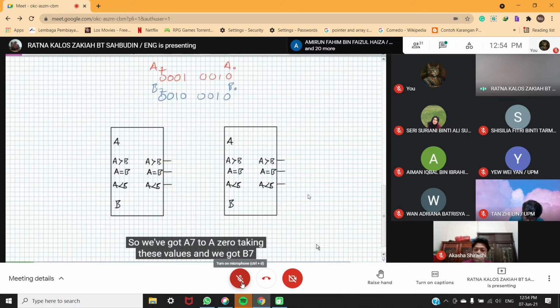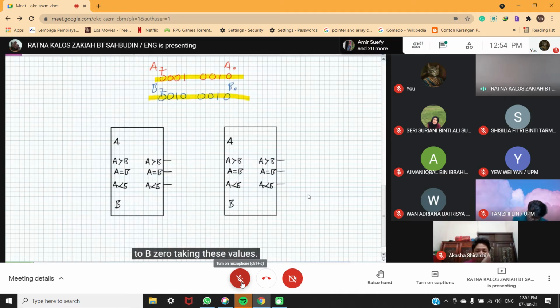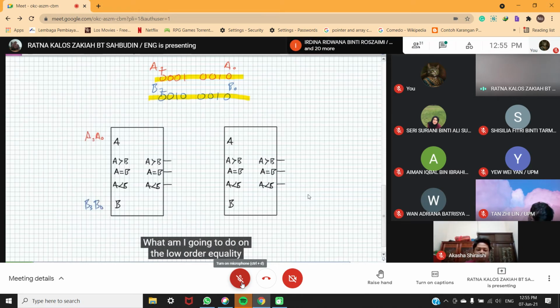Okay, so we've got A7 to A0 taking these values. Now we've got B7 to B0 taking these values. Let's use the one on the left as our low order inputs. So I'm going to take A3 to A0, put them on our A inputs, B3 to B0, put them on our B inputs. What am I going to do on the low order equality and inequality inputs?